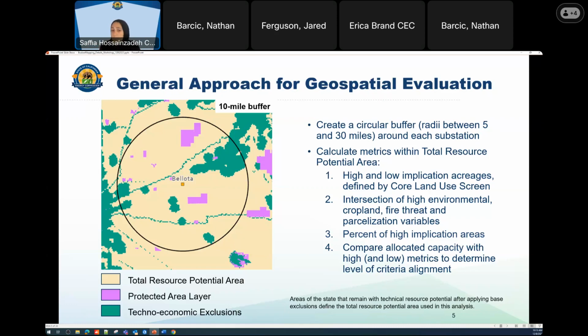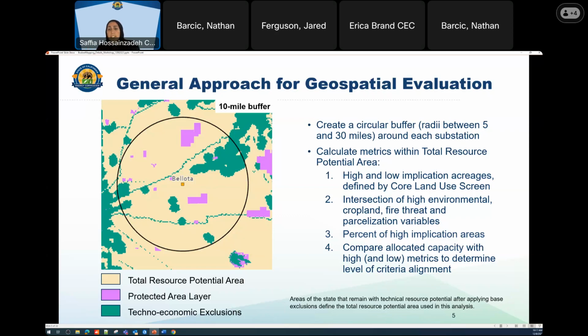And so to do that, we calculate using geospatial analysis a series of metrics. Like I said, one of the most important metrics is calculating the area of low and high implication land area within the total resource potential area.